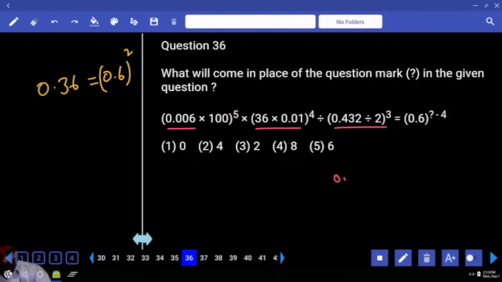This one, after simplification, you will get 0.216. This is the same as 0.6 whole cube. So you actually don't have to consider tens and the zero after the decimal.